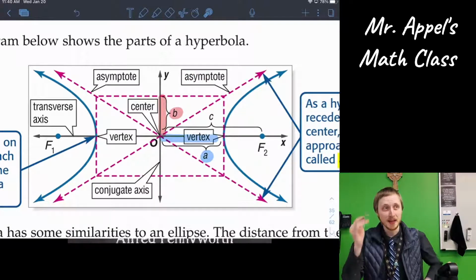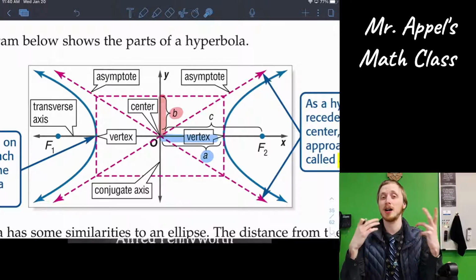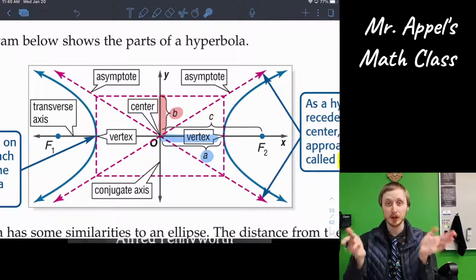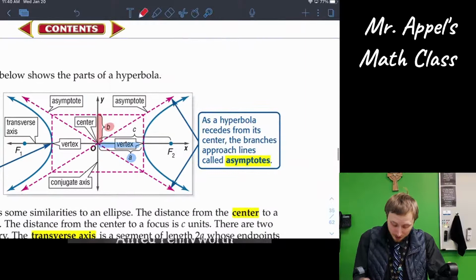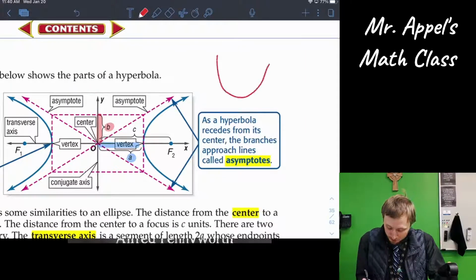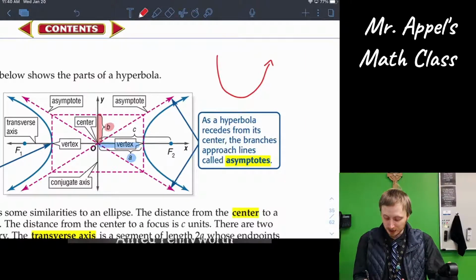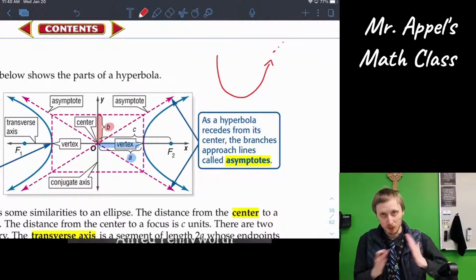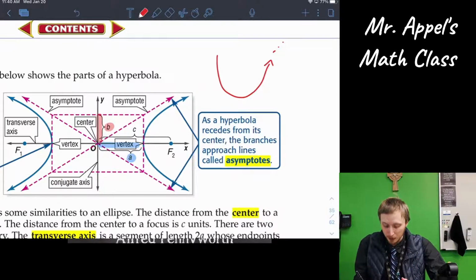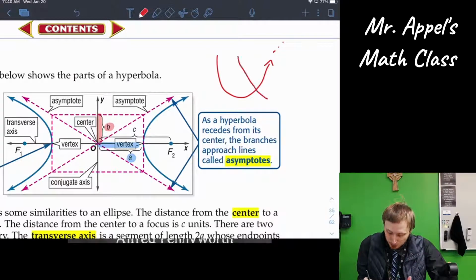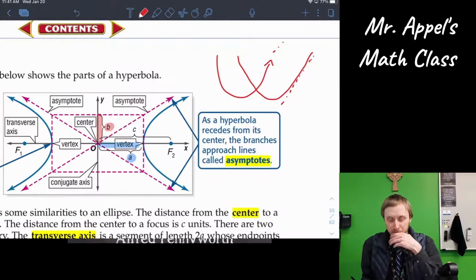Okay? And the asymptotes are what sets the hyperbola apart from parabolas. Right? A parabolic curve goes off and extends forever and ever, right? Off to infinity. A hyperbola also extends off to infinity, but at some point way out there, it starts to flatline.